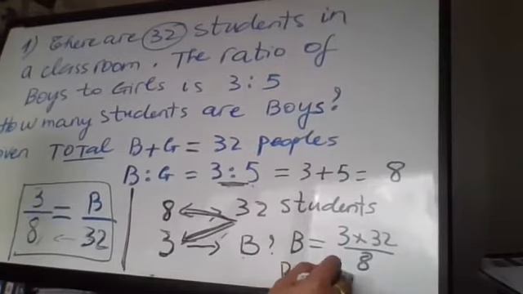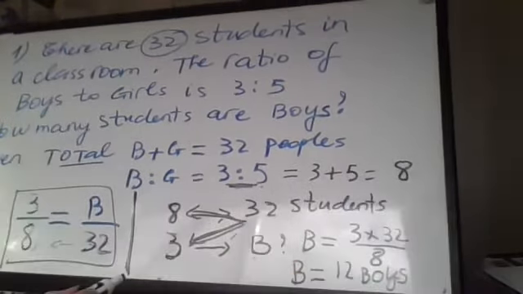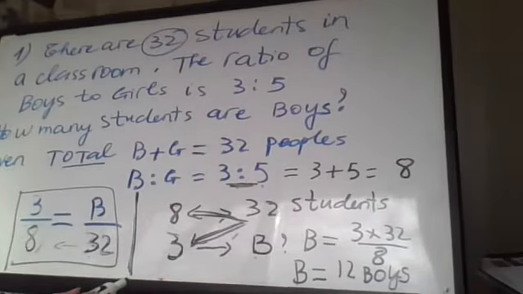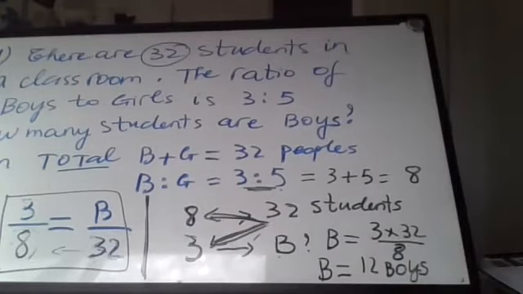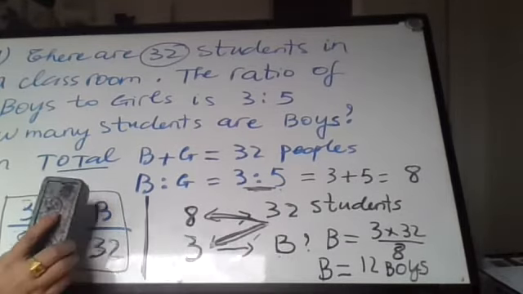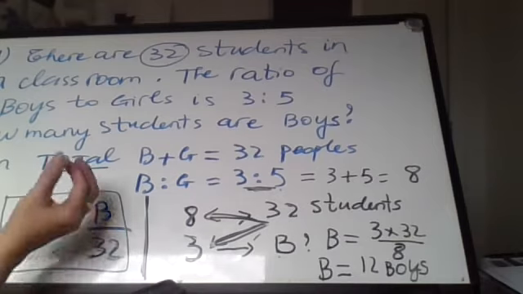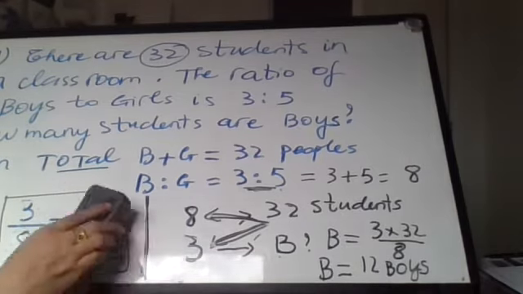So we know the boys here is 12 boys. I would strongly suggest you set up horizontally like that. But I have to explain it comes from equivalent ratio, and we solve this.